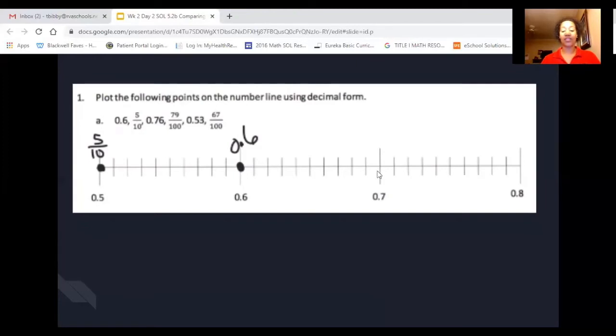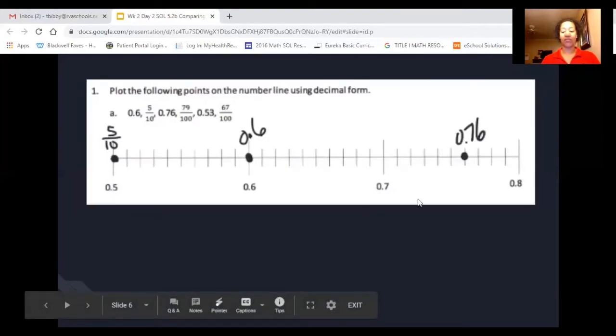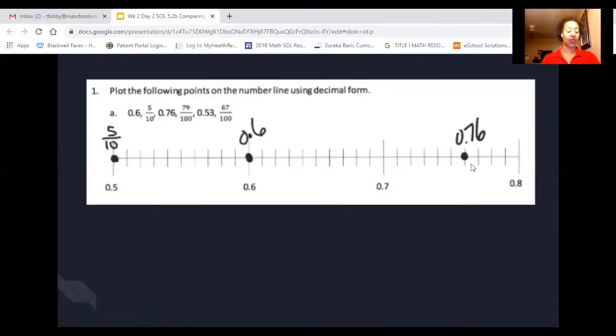So 7/10 or 70 hundredths, 71 hundredths, 72 hundredths, 73 hundredths, 74 hundredths, 75 hundredths, 76 hundredths, which is what we have represented at the top on the number line. In our list of numbers, we have labeled 76 hundredths, written as a decimal.